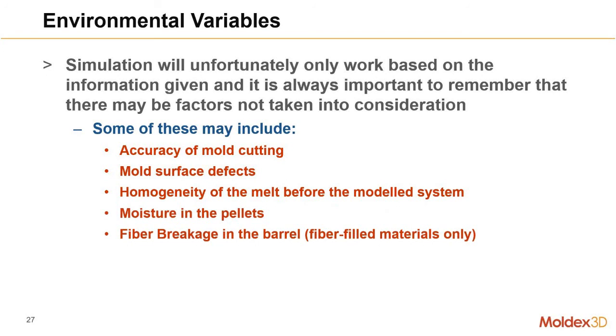That fiber length is going to impact the viscous and shrinkage properties of the material in the final part. So fiber breakage is always something we need to consider. And then finally, compressibility in the barrel. I mentioned earlier that the barrel compressibility is something we're going to bring into our future version. So that is something to look forward to.